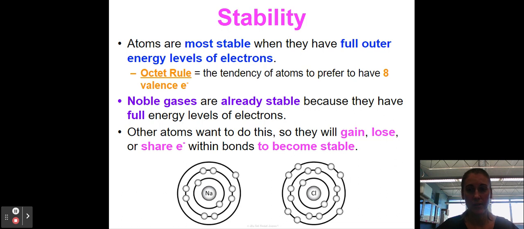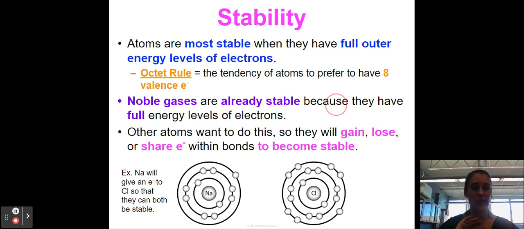How they become stable, whether they share or they transfer, depends on what type of atom they are. So for example, sodium will give an electron to chlorine so they can become stable, because sodium has 1 valence electron and chlorine has 7.